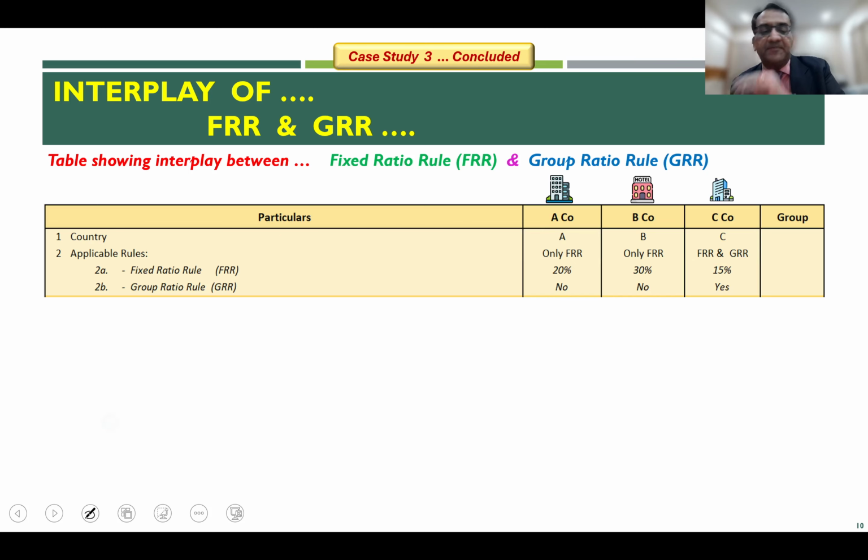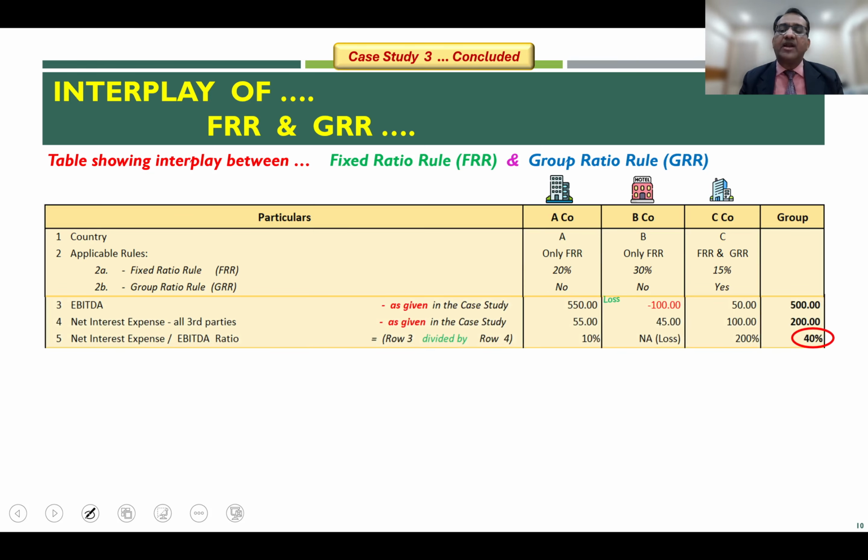And GRR only applies to CCO in country C. Now, what is the EBITDA? We have seen in the case study that it is already given. EBITDA of each of these entities is 550, 500, and this one is incurring losses. So net of 500. Now, what about the interest expense?